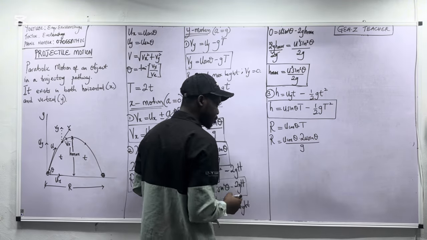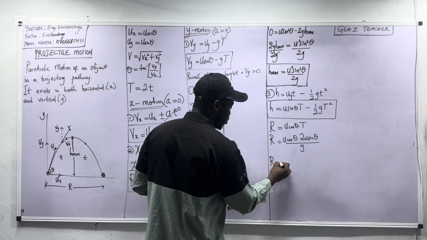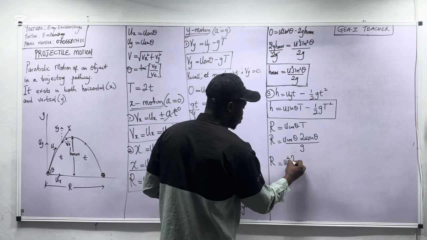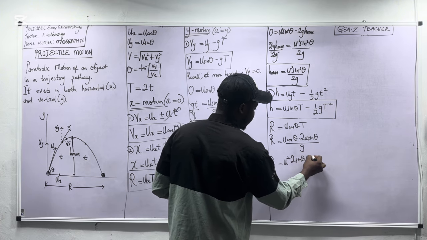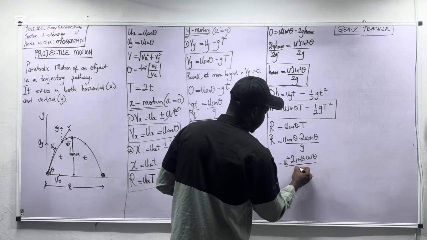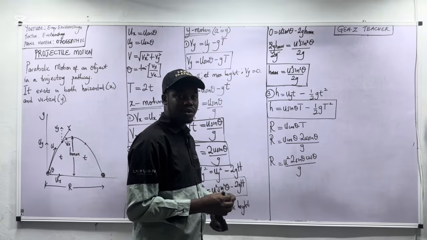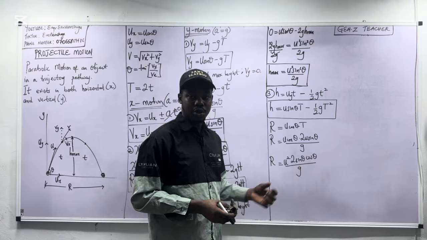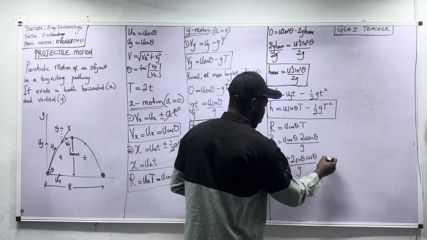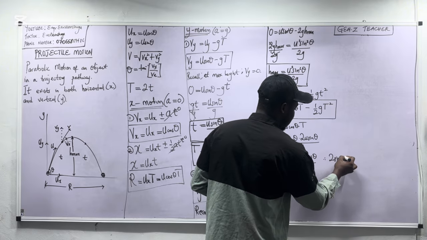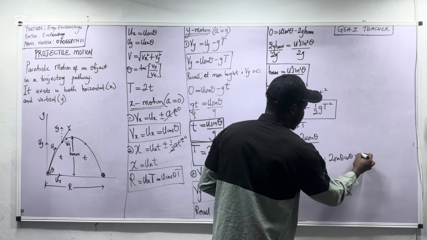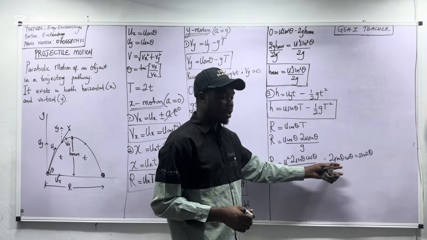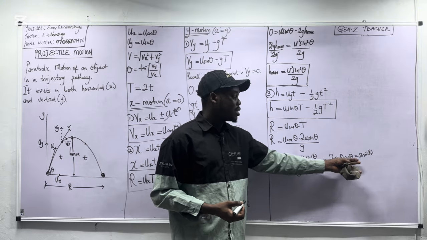Simplifying further, u times u gives you u squared, then we have 2 sine theta cos theta all over g. There's a mathematical relationship in trigonometry which we know: 2 sine theta cos theta equals sine 2 theta, meaning wherever I see 2 sine theta cos theta, I'm going to put sine 2 theta.